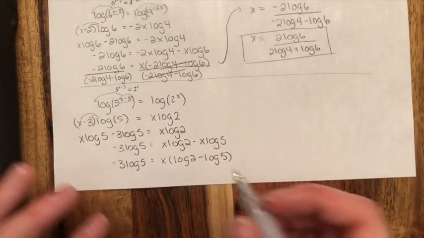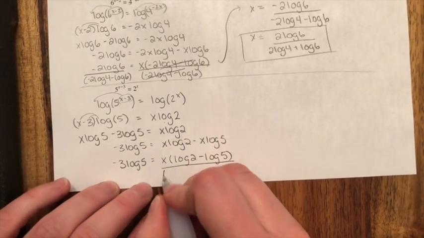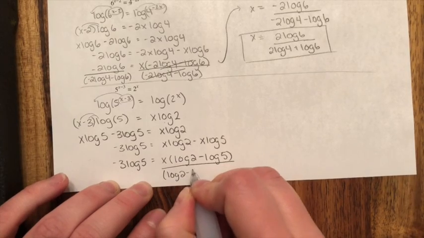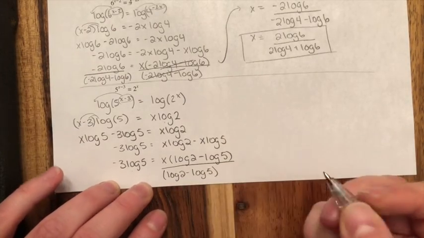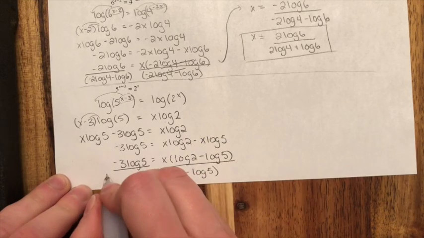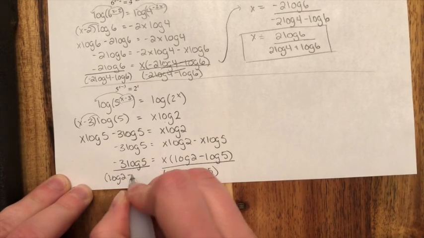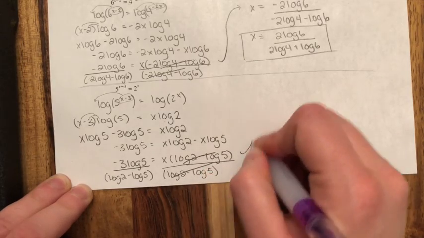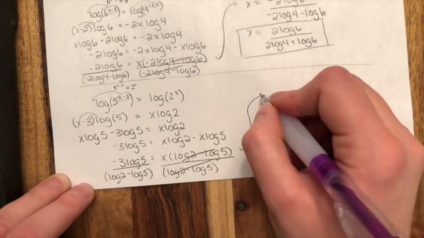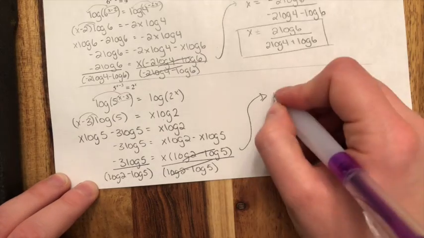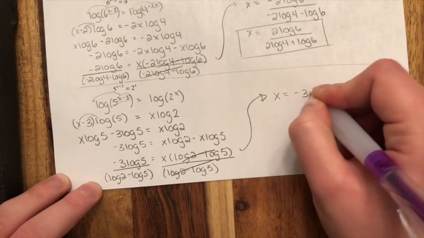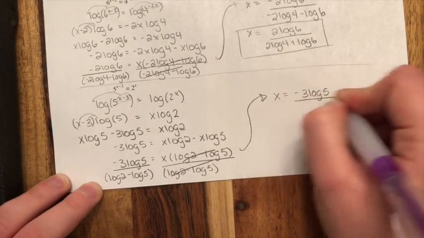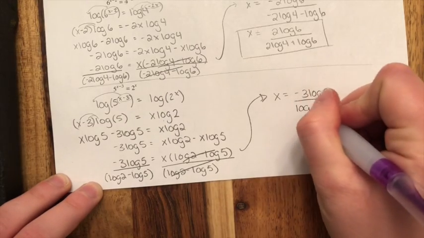Then divide both sides by that. That's going to cancel there. And then we've got x is equal to negative 3 log 5 over log 2 minus log 5.